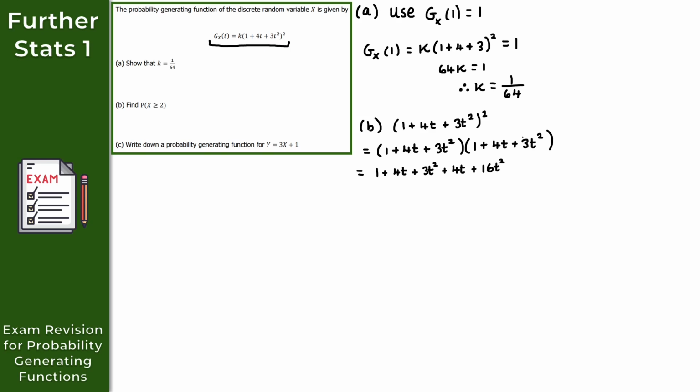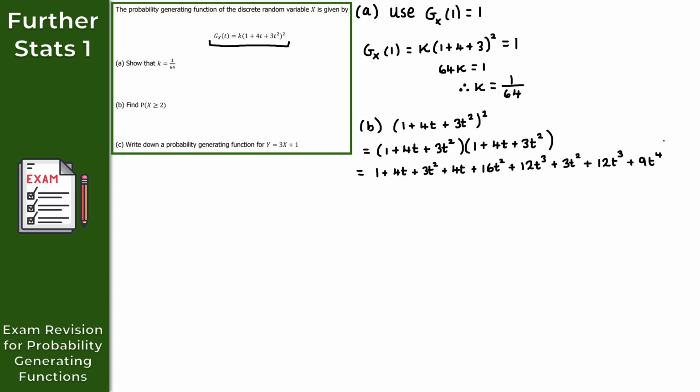And finally 4t times 3t squared, I get 12t cubed. And then the final three terms. I've got 3t squared times 1, so plus 3t squared. We've got 3t squared times 4t, so I get 12t cubed again. And finally, 3t squared times 3t squared, I get 9t to the power of 4.